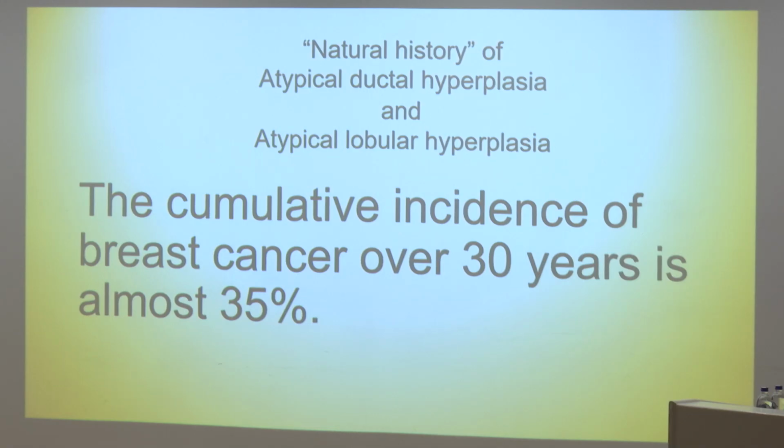The cumulative incidence of breast cancer over 30 years is almost 25%. That means if we have that diagnosis at the age of 30, when the woman will be 60 years old, she has a great chance to have cancer, which is 35%, much more than 1 in 8 for the general population.